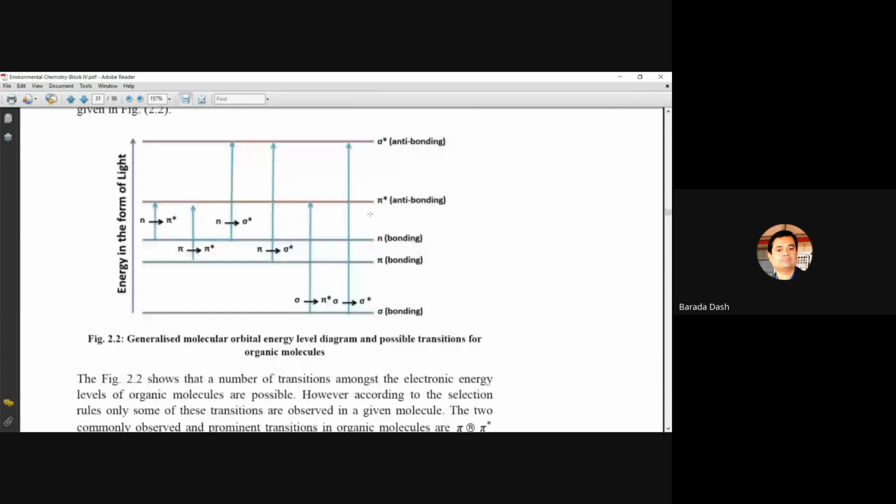So wavelength increases, energy decreases. If the molecule has pi electrons, sigma electrons, and they absorb energy from the UV visible radiation, they shift to the anti-bonding or higher energy orbitals.